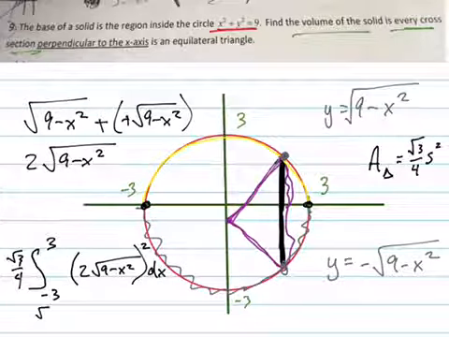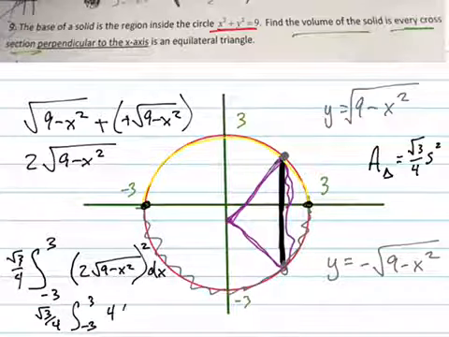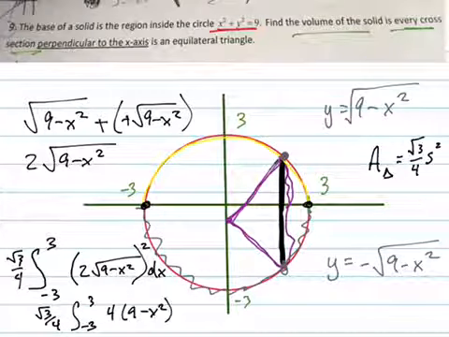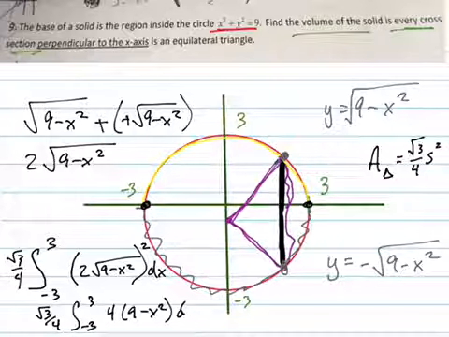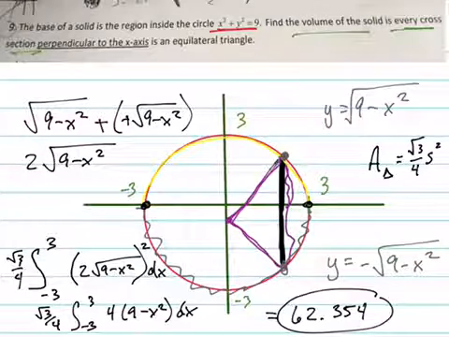Which means it's root 3 over 4 from -3 to 3 of 4 times 9 minus x squared dx, if I distribute that squared in. And then you can punch that into your calculator. And the answer is 62.354.